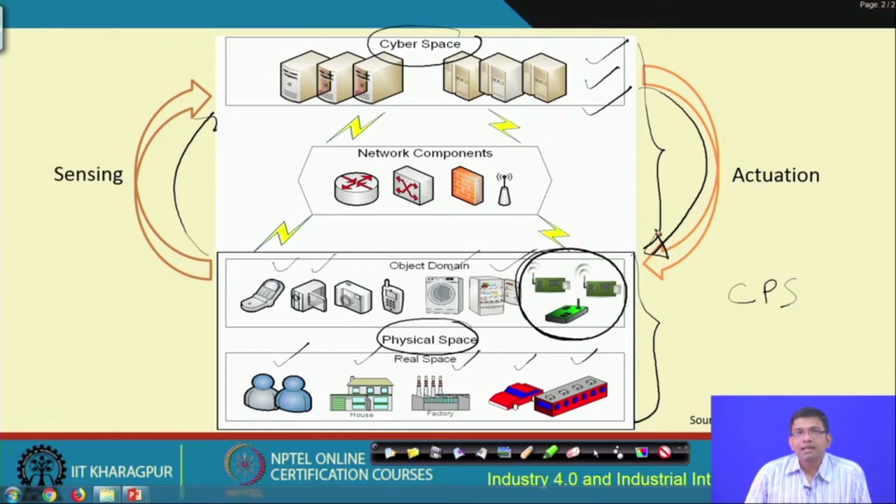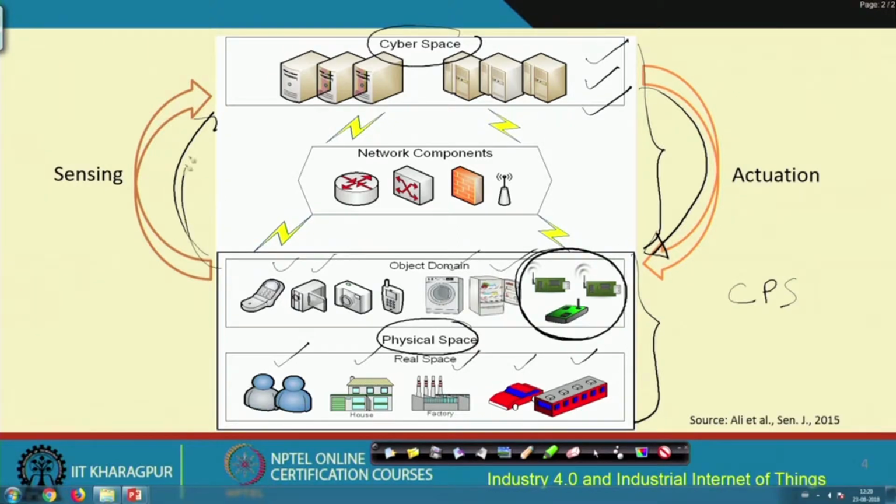Let us say it has been sensed that the temperature has gone down in the room. Based on the analysis performed in these servers, maybe based on certain rules that are already pre-programmed in the cyber space, finally the actuation is going to happen, and the physical space will be actuated with the intention of starting some device or operating some motor or anything like that.